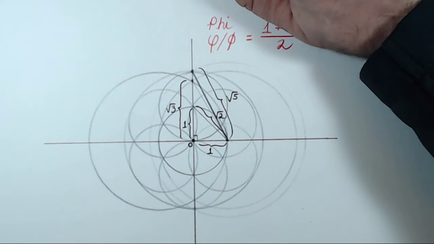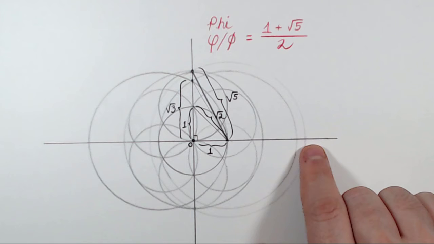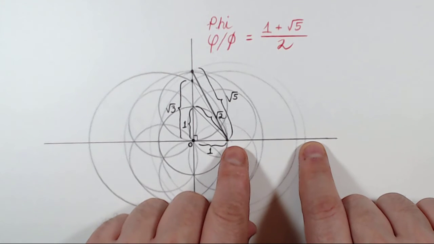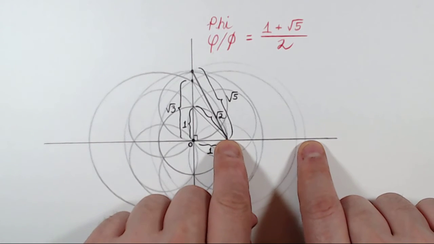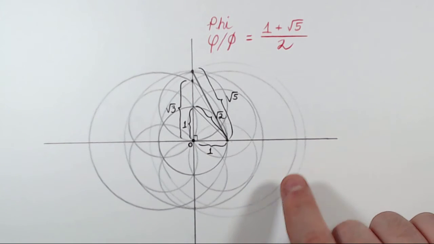Then the place where that new circle passes the horizontal axis is the square root of 5. Okay, that's that distance, and the distance from the origin is 1 plus the square root of 5.